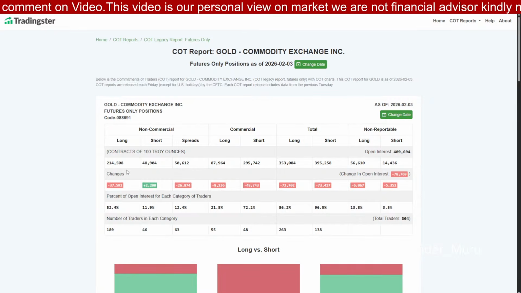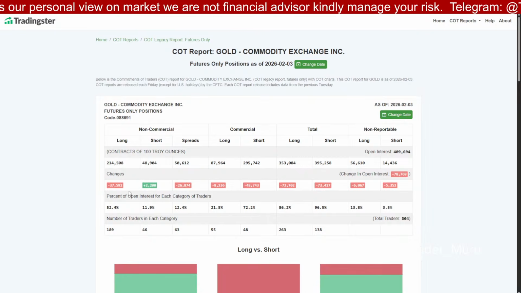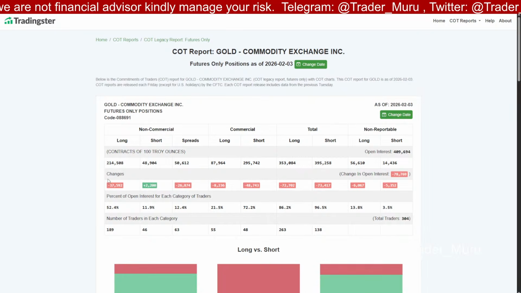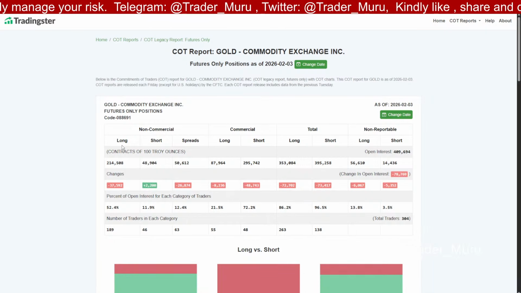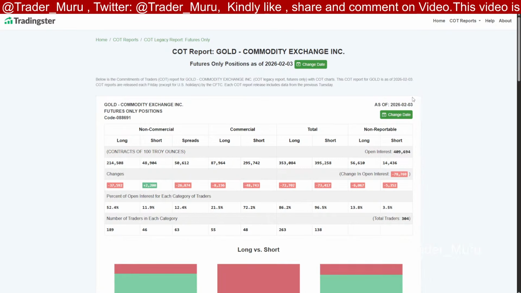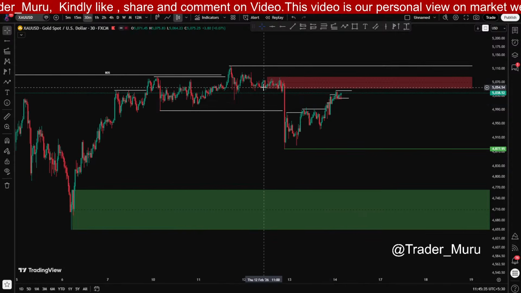See this, 37,592, this many positions were closed on the long side, and they added short on 3rd of February. So where is the 3rd of February?